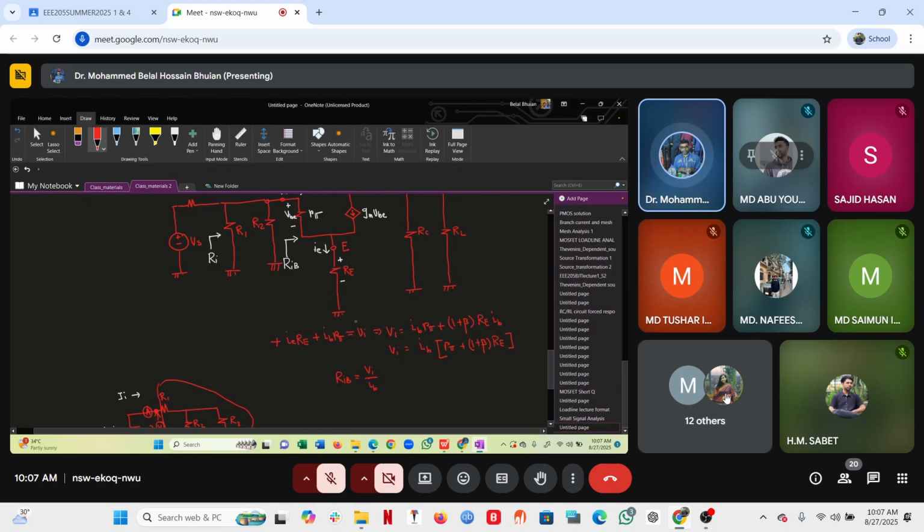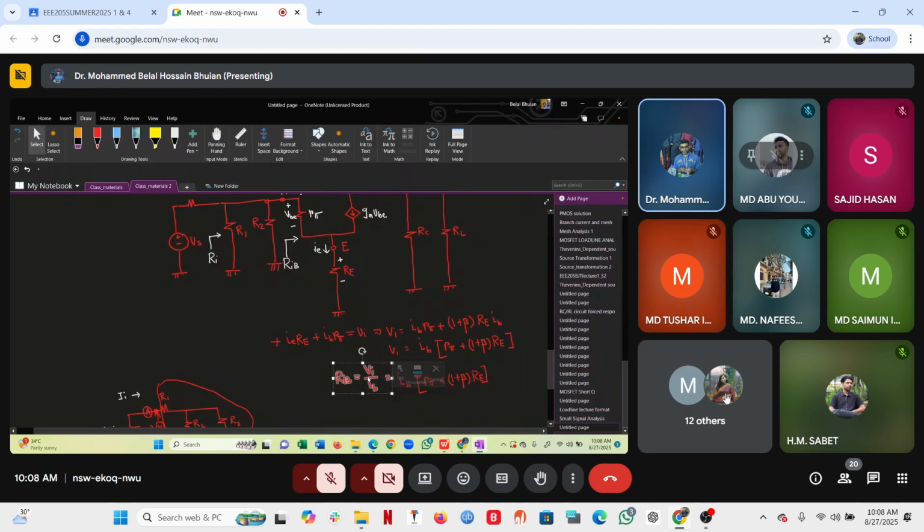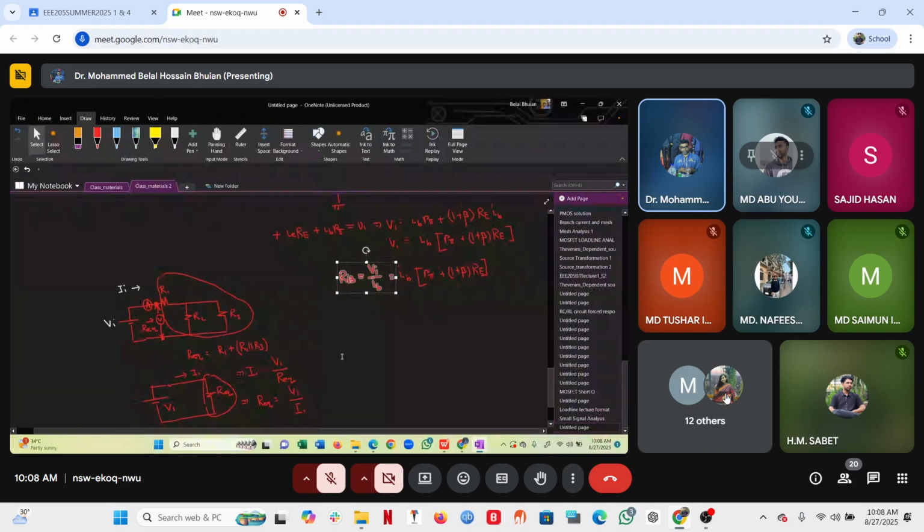So if this is the case, I know the expression for VI, which is IB times R pi plus 1 plus beta times RE, divided by IB.